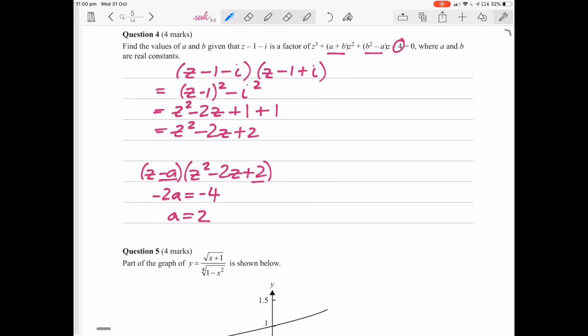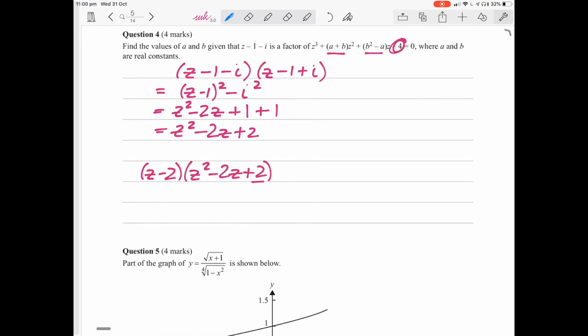It's going to be confusing, because it's going to confuse it with that z and a. Okay, so if we want that to be negative 4, then this must be z minus 2.